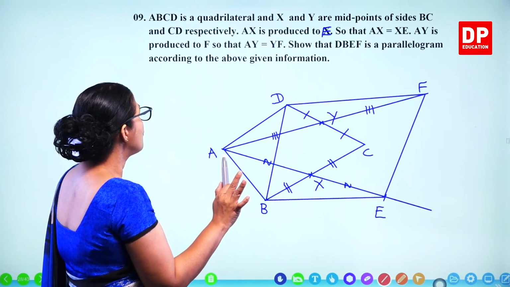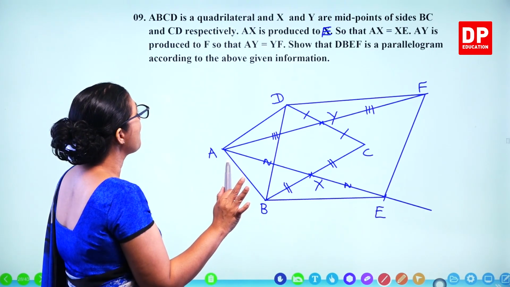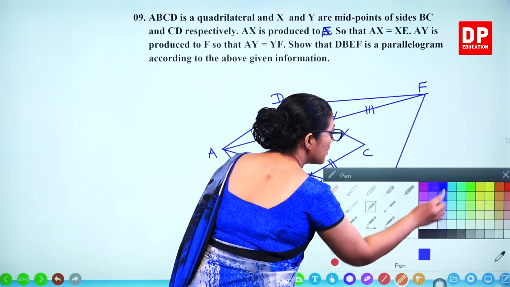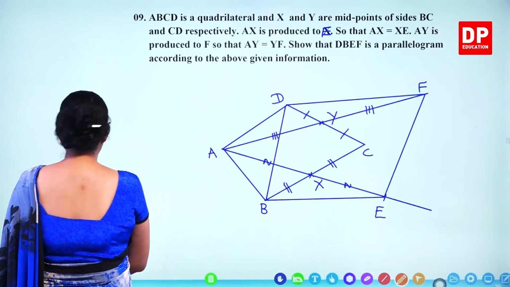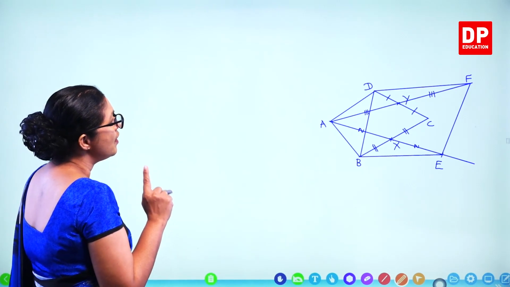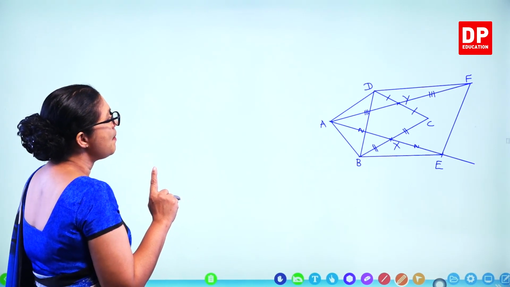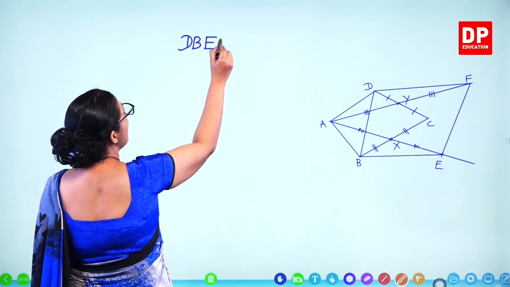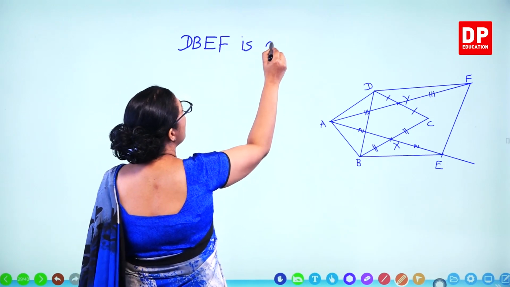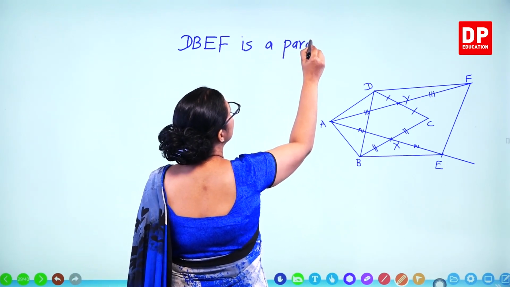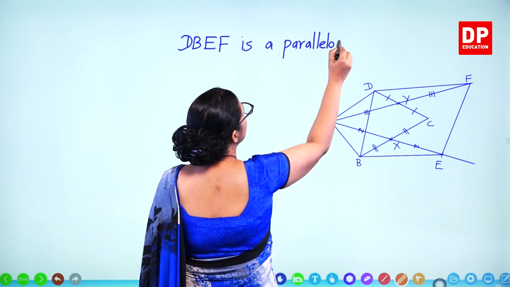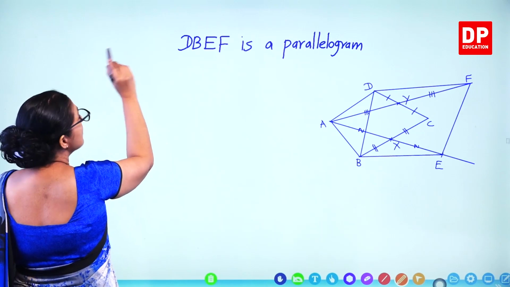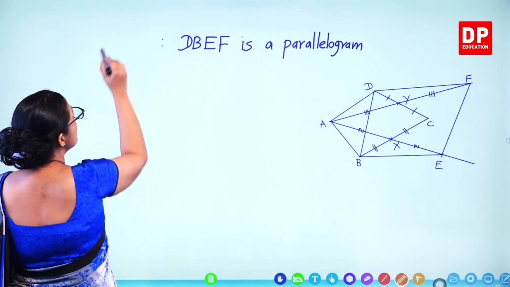So you have to draw the diagram properly first. So let's try to prove. We need to show that DBEF is a parallelogram. That's what you need to prove, to be proved.